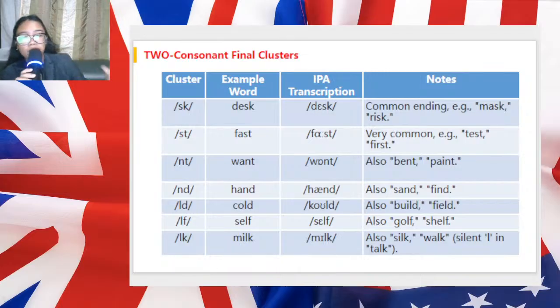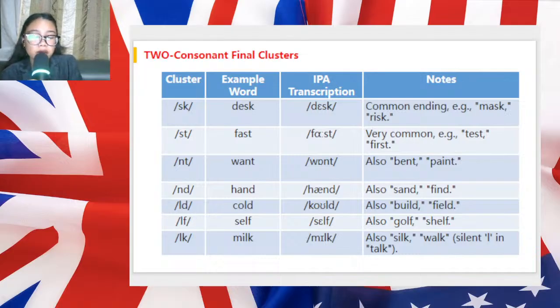I put everything in a table so that the information is organized and you can easily navigate the information for each kind of final cluster. Let's look at some specific examples for two consonant final clusters. As we discussed, these are the groups of two consonant sounds that come right at the very end of a word, which closes out the syllable, because that's the point of final clusters.